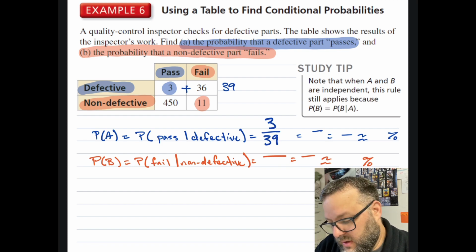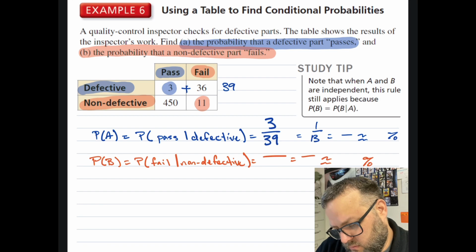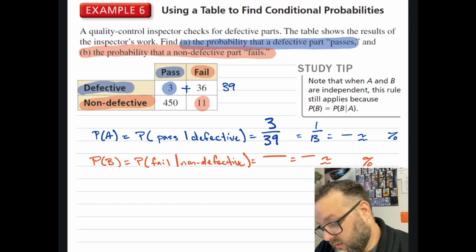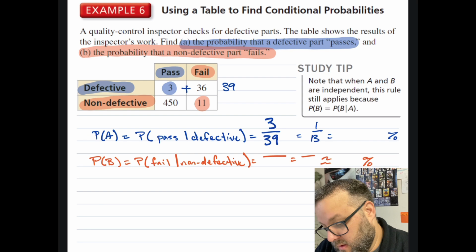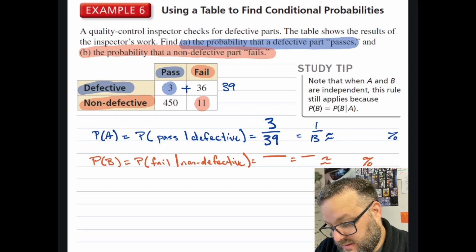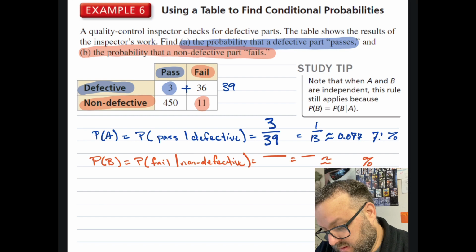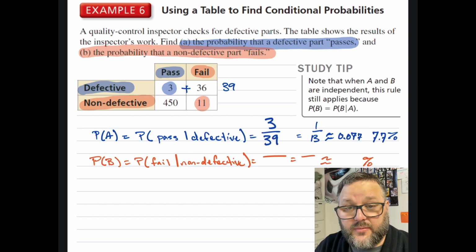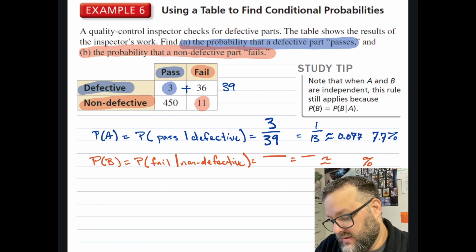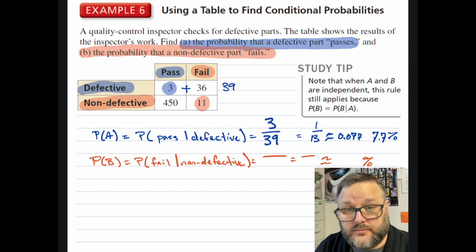Well, 3 over 39 can be simplified to 1 over 13. 1 over 13 is about 0.077 or 7.7%. So there's a 7.7% chance that we had a defective item shipped out.